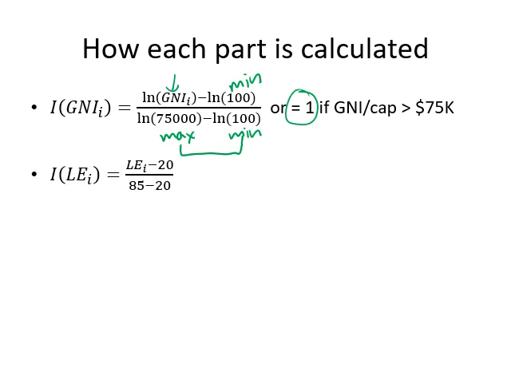The next one is life expectancy. It's the same kind of structure. This is a min, and then we have a max. Although it's funny, some countries are now approaching this max, and will probably go beyond it.